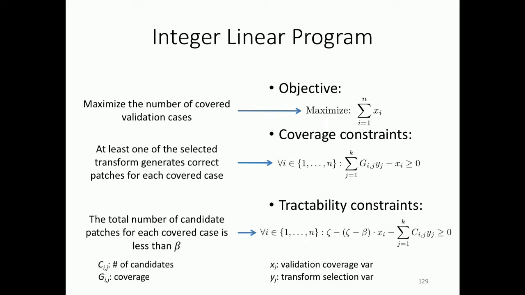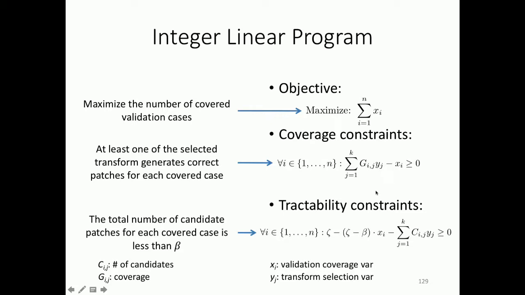Then the first group of constraints at a high level defines the meaning of coverage. It means that at least one of the selected transforms should be able to generate the reference human patch for each covered case. Then the second group of constraints at a high level specifies the tractability constraints. It says that the total number of candidate patches for each covered case should be less than a threshold beta, which is determined by our computation budget.